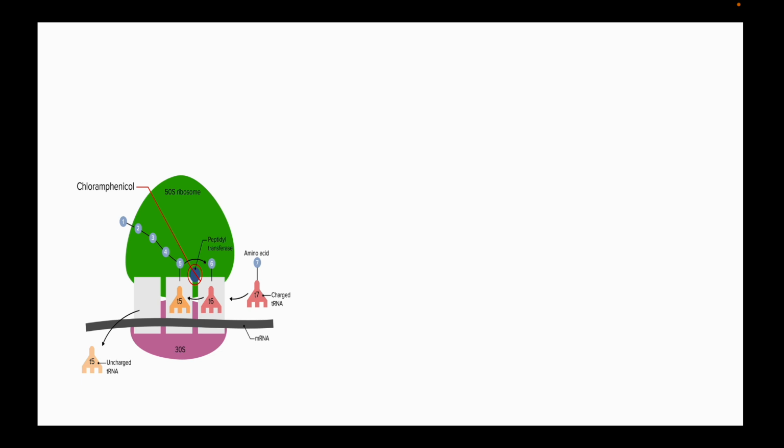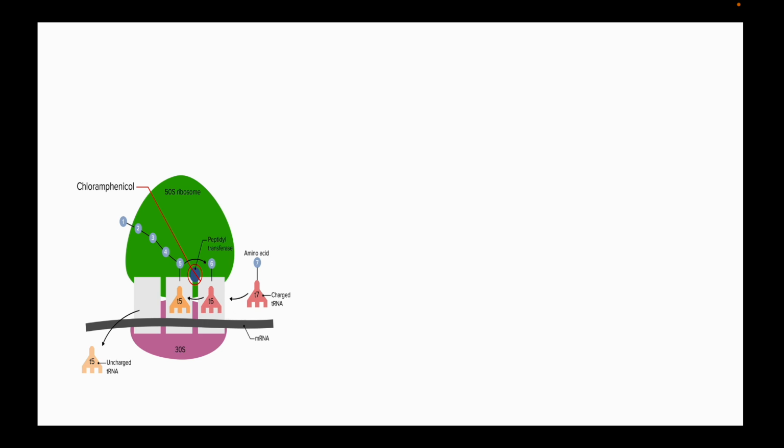So the action of chloramphenicol here is that it binds to the 50S subunit of the ribosome, right? So it binds tightly to the 50S subunit of the ribosome, and as you can see, the site of binding is near the peptidyl transferase site, right? We have here the A site, P site, and E site. So the A site is the site where the amino acid enters.